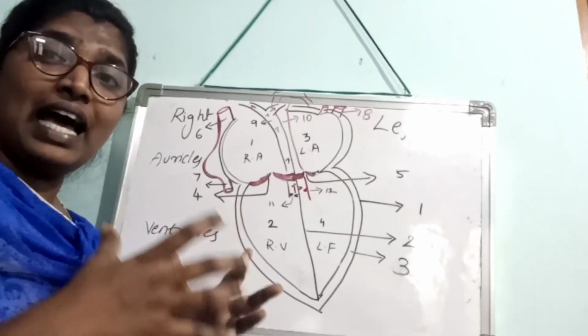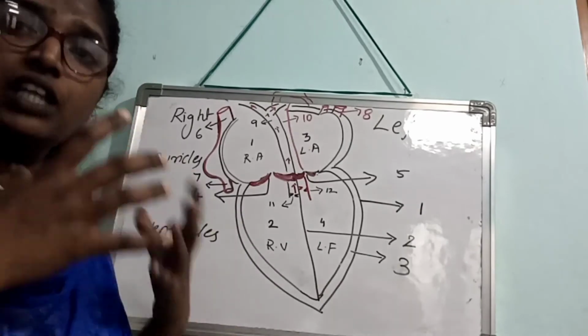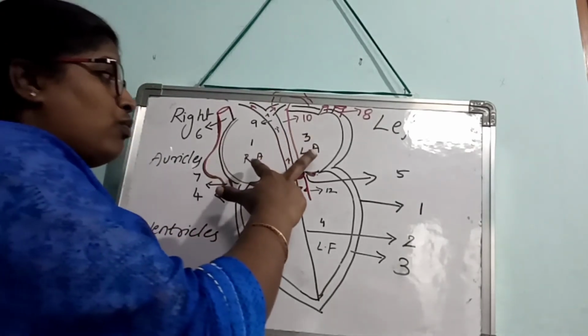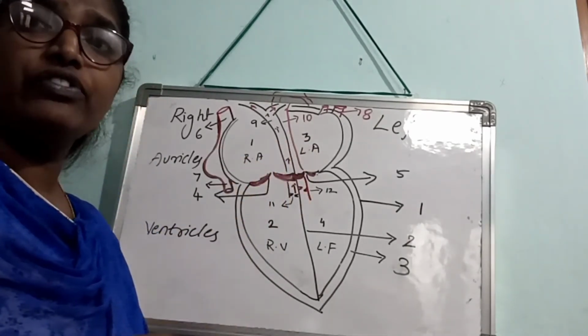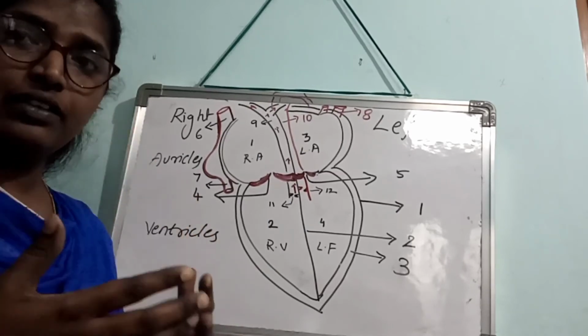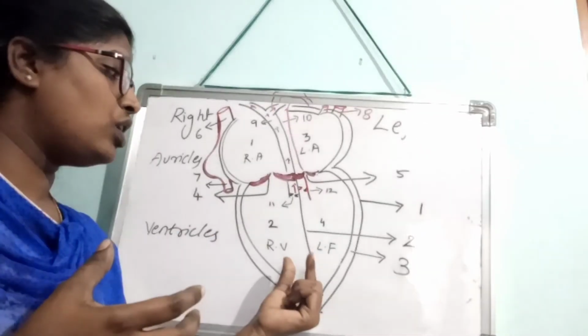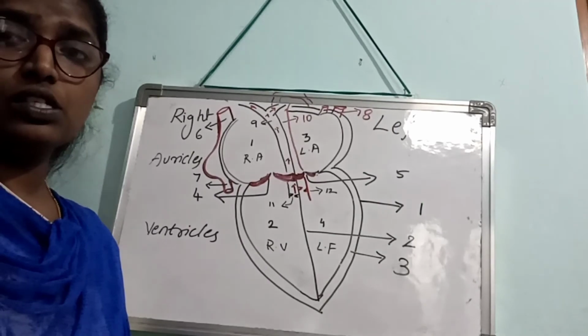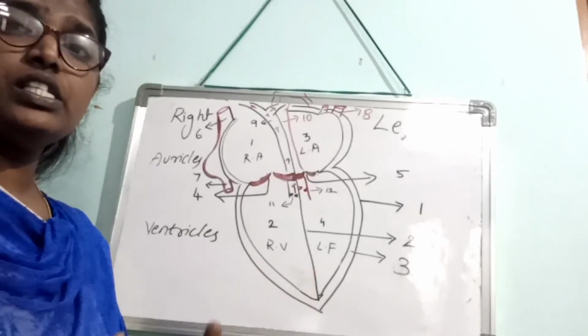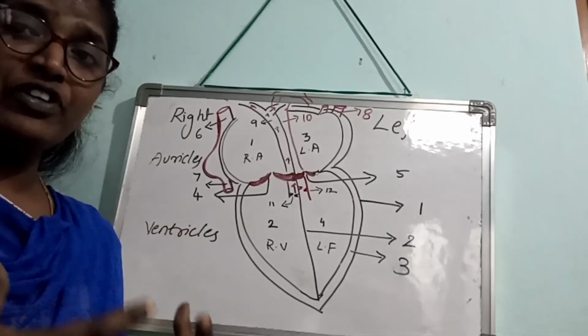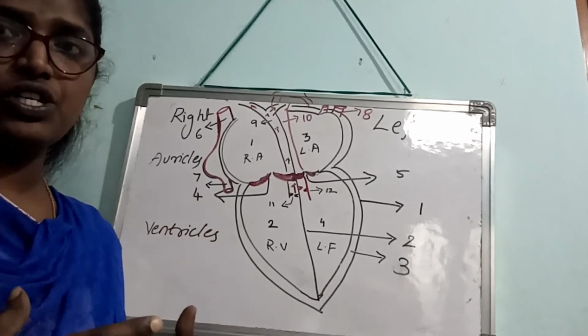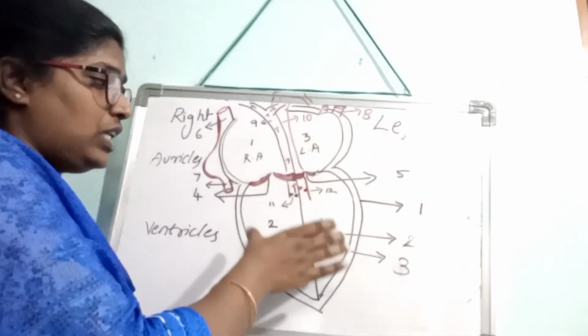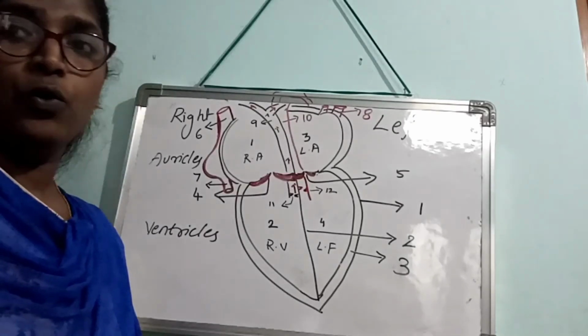And coming to the thickness of the muscles, the walls of the auricles are thin compared to the walls of the ventricles, because ventricles should withstand great pressure from where auricles pump blood into the ventricles.